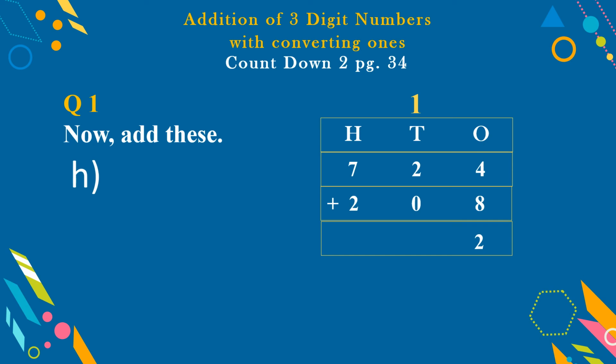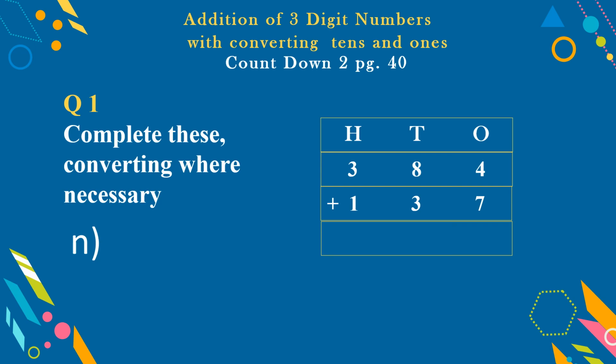In tens column, we have 1 plus 2 equals 3. So write 3 in the tens place of the answer. In hundred column, we have 7 plus 2 which is equal to 9. So write 9 in the hundred place of the answer. So 724 plus 208 equals 932.